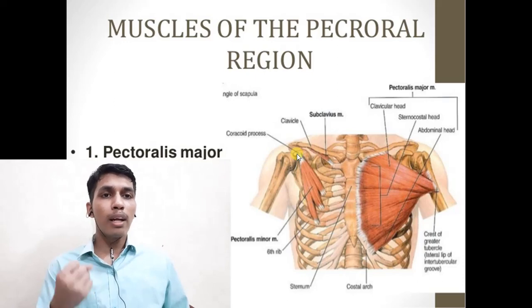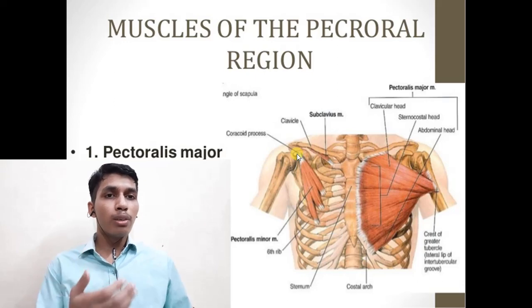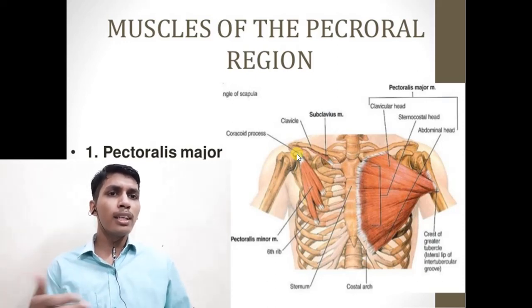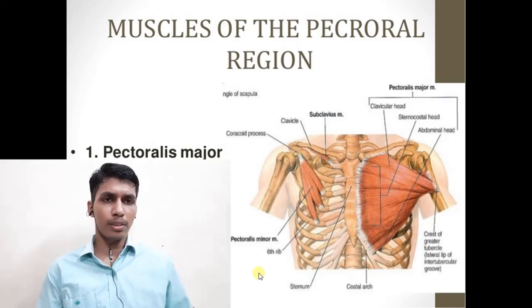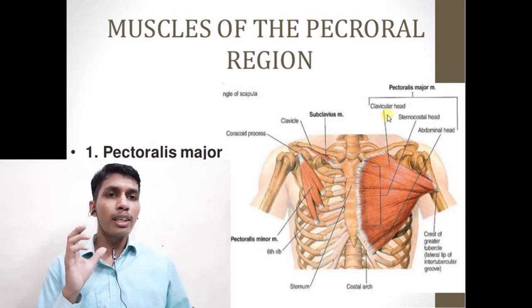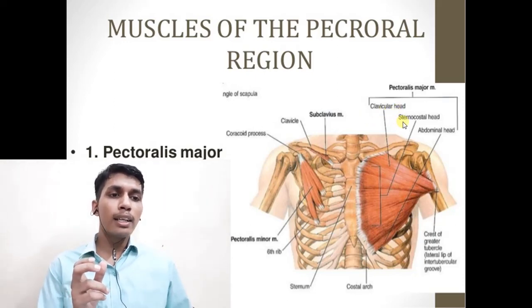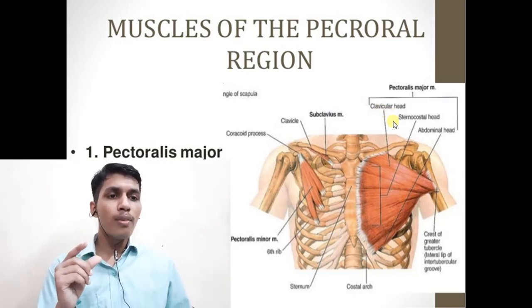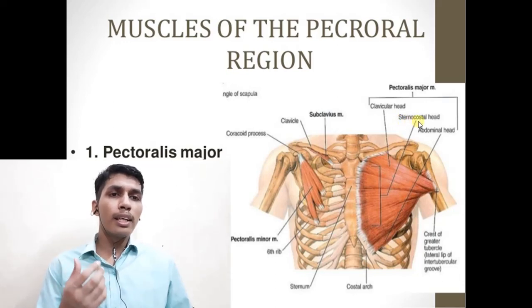How and why it aids in the movement of the humerus bone, we will learn in the next slide in detail. Actually there lies an insertion of this pectoralis major muscle to the humerus that helps to perform this function. Now, the pectoralis major muscle has broadly 2 heads. One is the clavicular head and the second is the sternocostal head. Heads are the regions from where the fibers of the muscle arise. The clavicular head is small and the sternocostal head is larger.